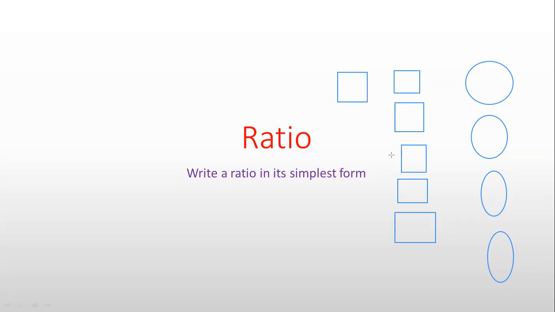So my question is about what? I need to write the ratio of circle to square. And after that, I need to write square to circle. I need to write square to circle and circle to square. Okay, so this is my question now.